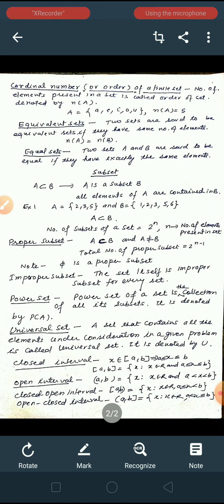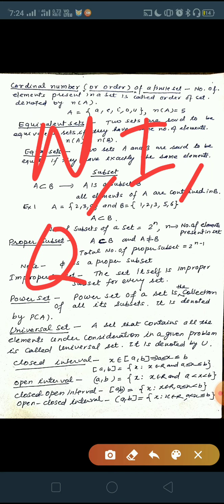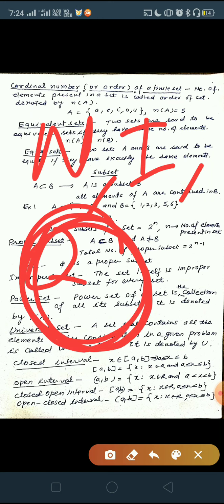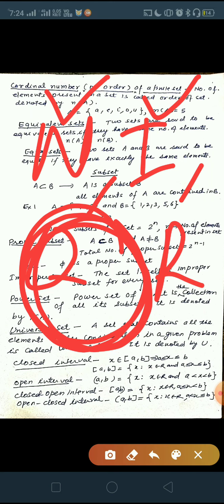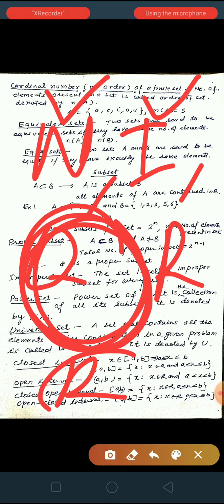It is denoted by U. Means if in a problem there are sets, suppose the set of natural numbers, set of integers, and set of rational numbers, then here Q will be the universal set, because set of natural numbers and set of integers both are contained in Q. But if we include R, the set of real numbers, then R will be considered as the universal set.